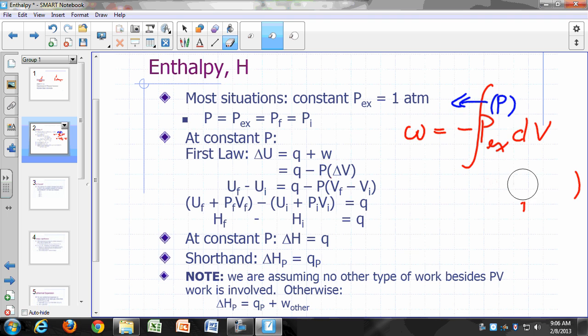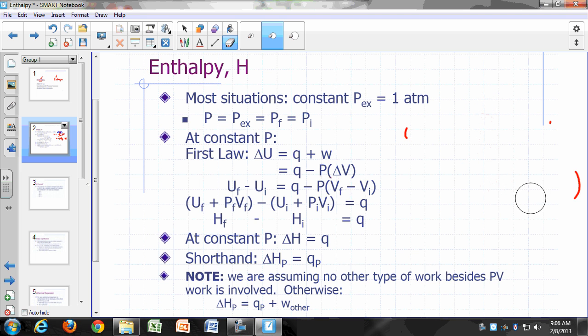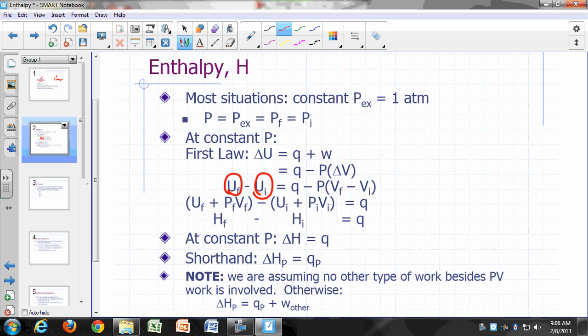Well, let's rearrange this and write it more fully. So now I have delta U is U final minus U initial. Okay, and I still have my Q here. And instead of writing delta V, I'm going to write it as V final minus V initial.